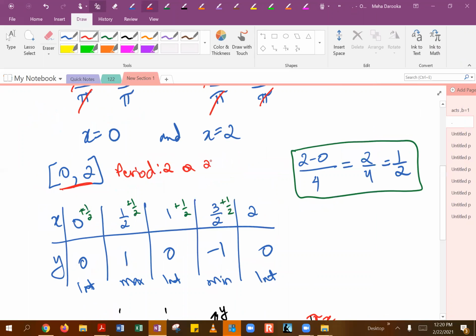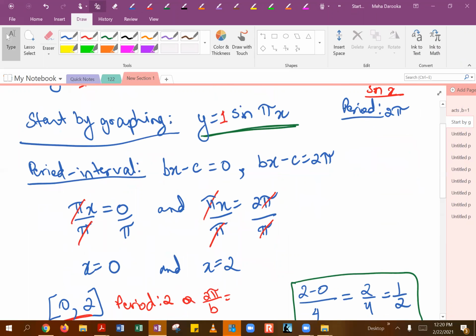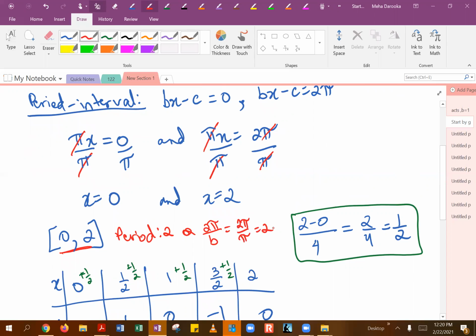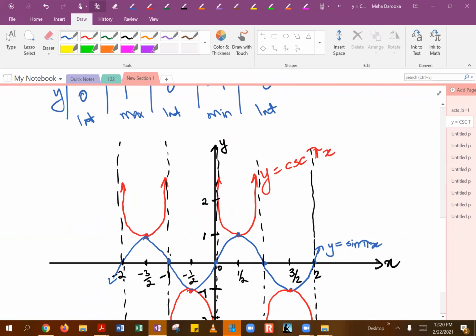Or remember, you can also do 2 pi divided by b, and our b value is pi. So you can do 2 pi divided by pi, which will actually end up giving you 2 also. So you can do it from the period interval or just use the formula to calculate your period. So that's actually going to be the same period for the cosecant function also.